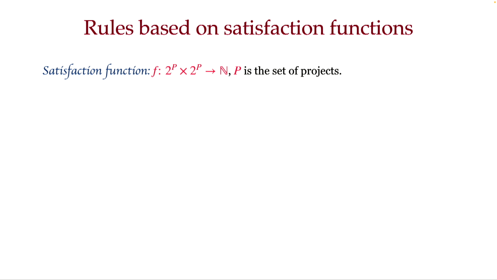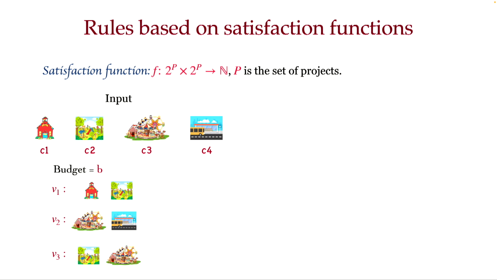First is to capture the approval set of a voter, and second is to capture the set of projects that will be funded. This was our input; I will say it again more precisely.